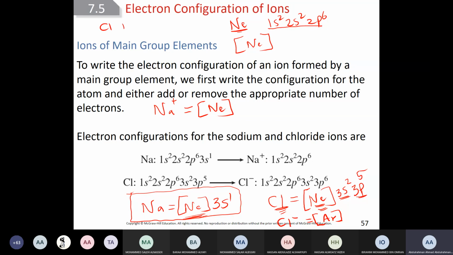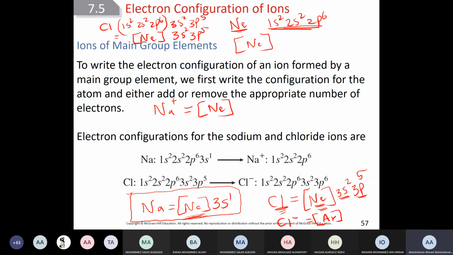Chlorine is 1s2, 2s2, 2p6, 3s2, 3p5. Now, all of these are actually the structure of neon. So instead of writing the whole structure, I will write the structure of chlorine as [Ne] 3s2, 3p5. Is this clear?